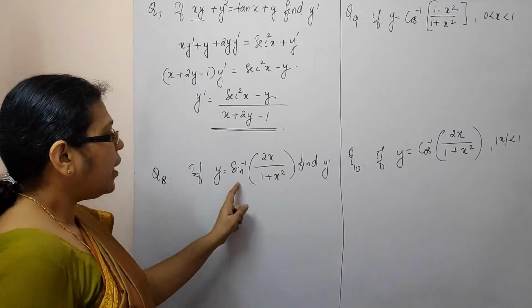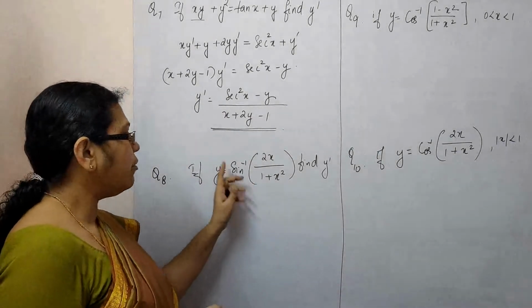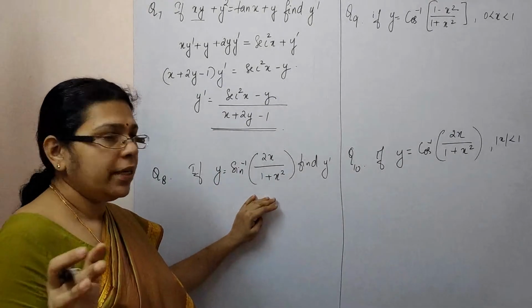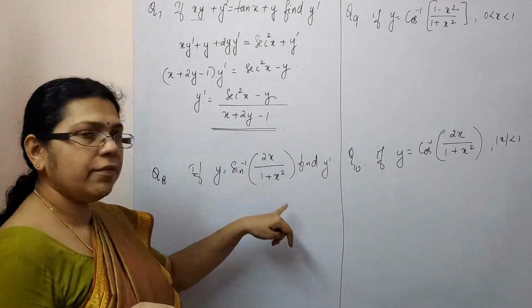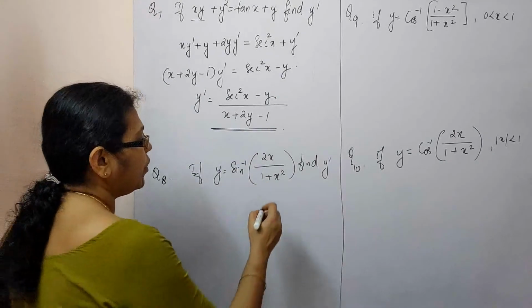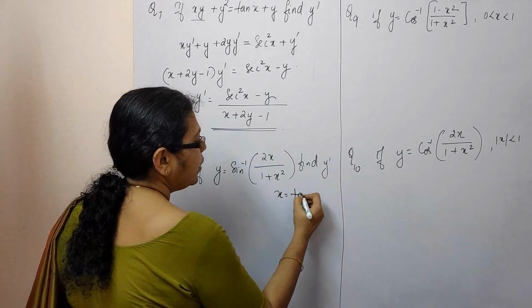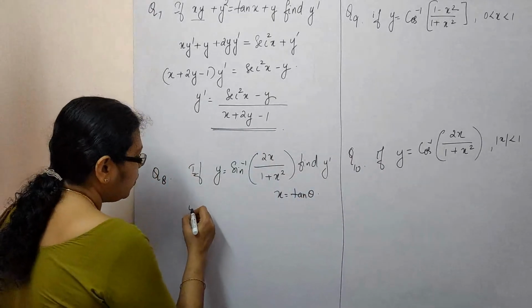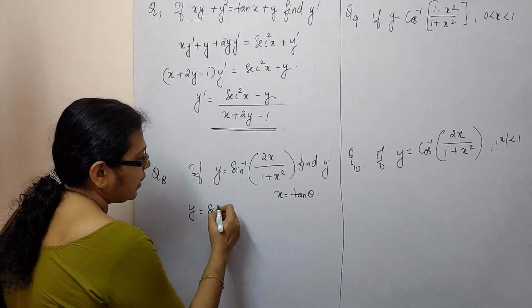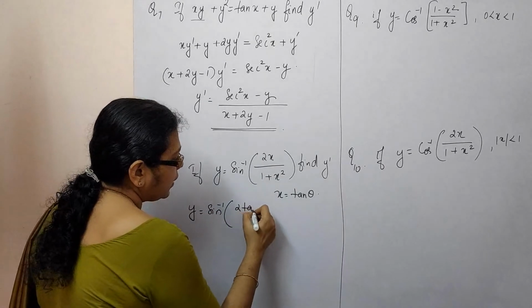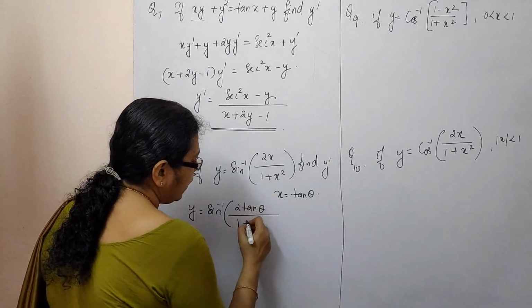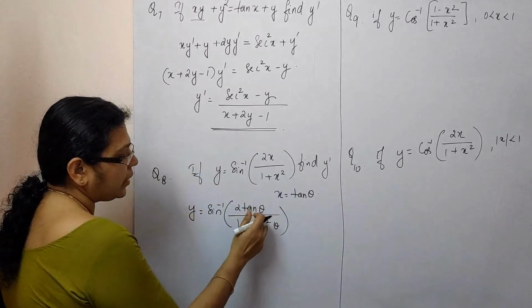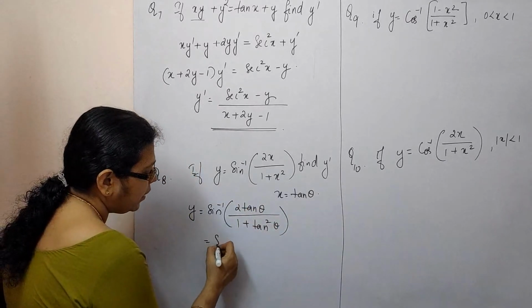Now here you have sine inverse. Rather than finding the sine inverse derivative using the derivative of sine inverse, I will substitute x is equal to tan theta. So it is much simpler now. So what do I get? y is equal to sine inverse of 2 tan theta by 1 plus tan squared theta. Now what is 2 tan theta by 1 plus tan squared theta?